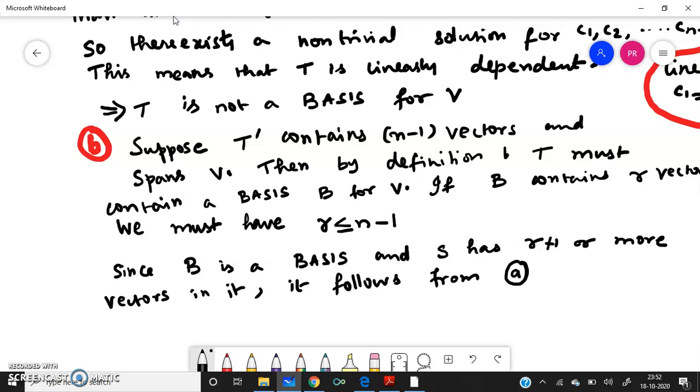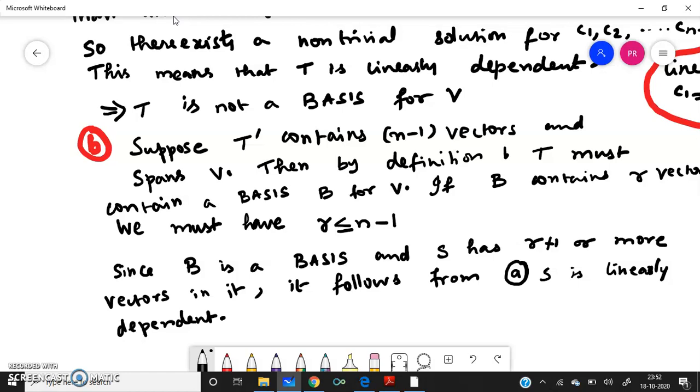From part A, S is linearly dependent. This is the contradiction, right? What is our S? S is the basis, and we are saying S is linearly dependent. A basis cannot be linearly dependent. The first condition of a basis is that it should be linearly independent.